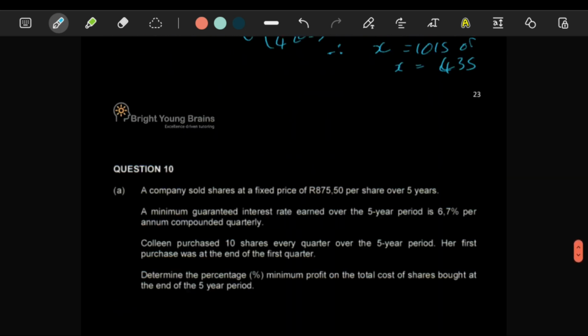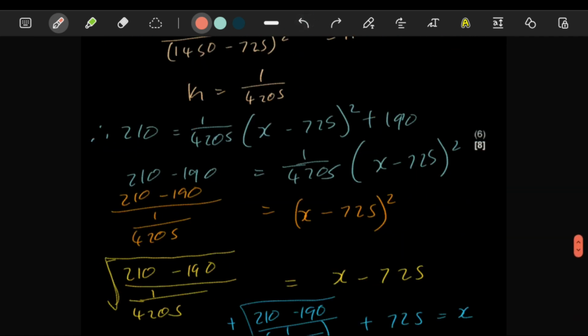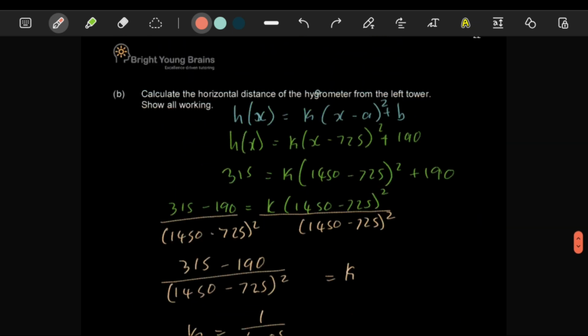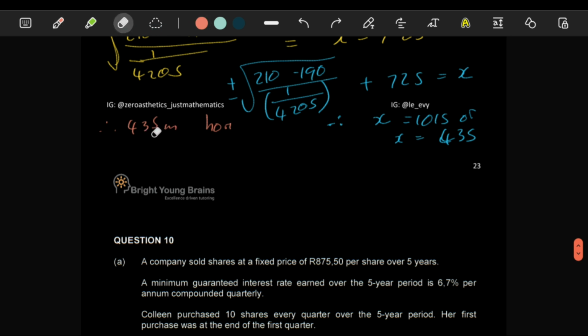So we're going to say here, therefore, 435 meters horizontally. Wait, what is the question? Calculate the horizontal distance. Let's just say therefore this, to show that we have chosen this one. That's that. Nothing crazy, nothing major.